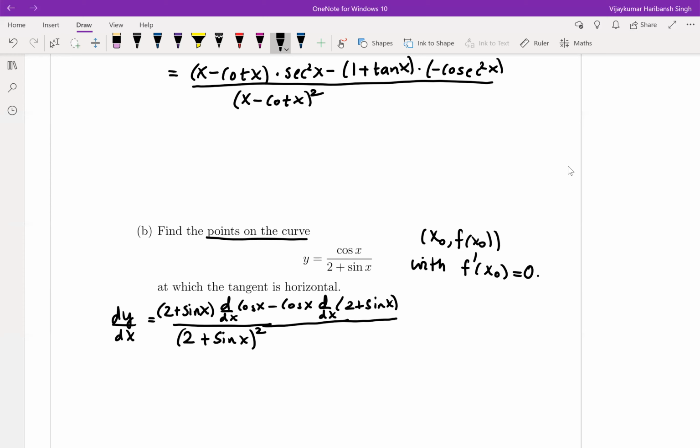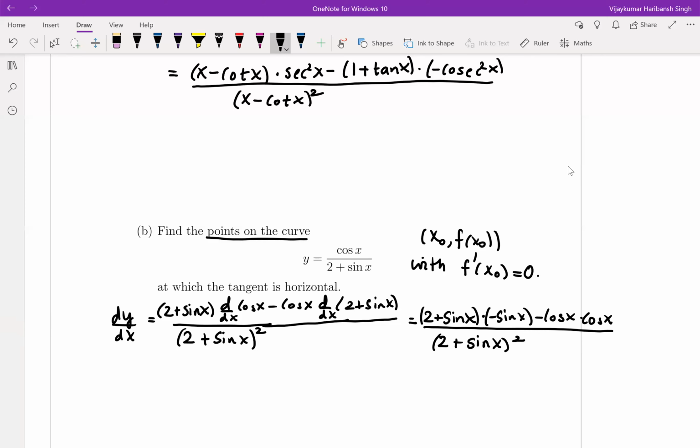Now let's take the derivative. This is going to be 2 plus sine x times the derivative of cos x, which is minus sine x, minus cos x times the derivative of sine x, which is cos x, divided by 2 plus sine x the whole square.